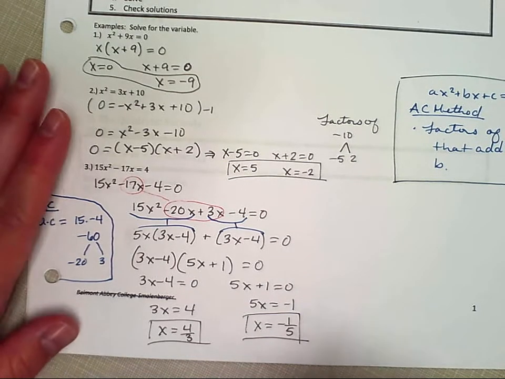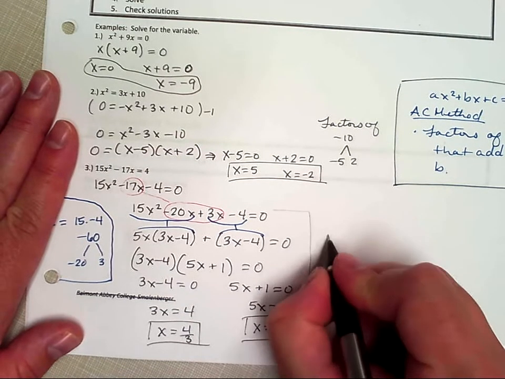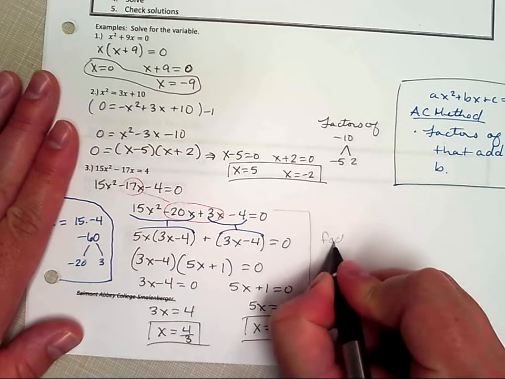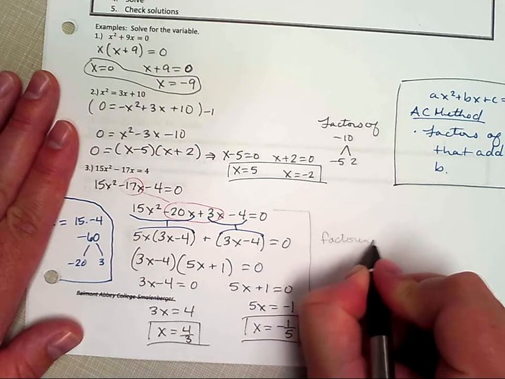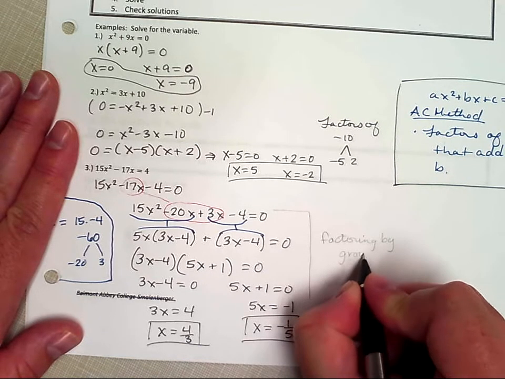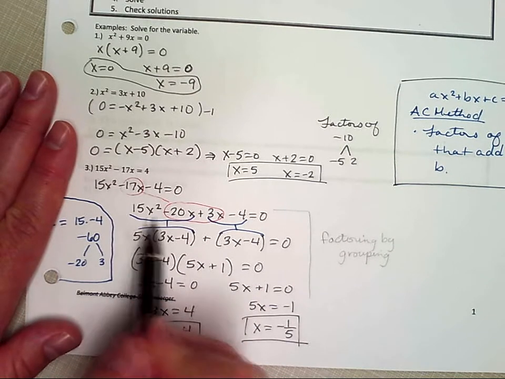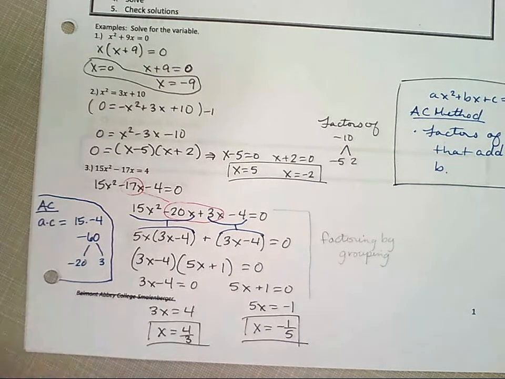So from here to here is factoring by grouping. I'm having a little group here and a little group here, and I'm seeing what's common between them.